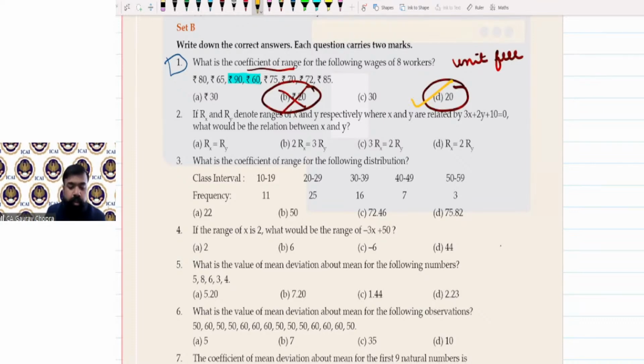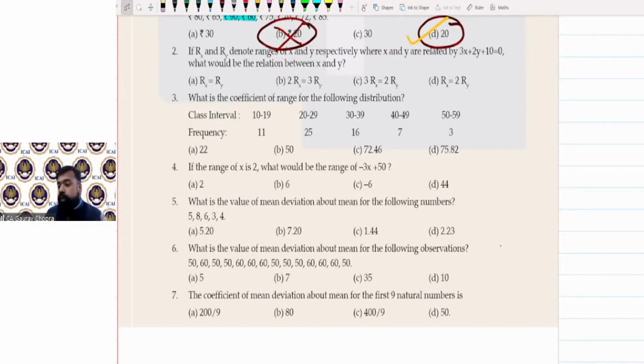All right. Now let's calculate the third one. Third one, coefficient of range you have to find out. Frequency is also given. So we know that for this coefficient of range, we require highest and lowest to arrange the values. The highest value is 59.5.